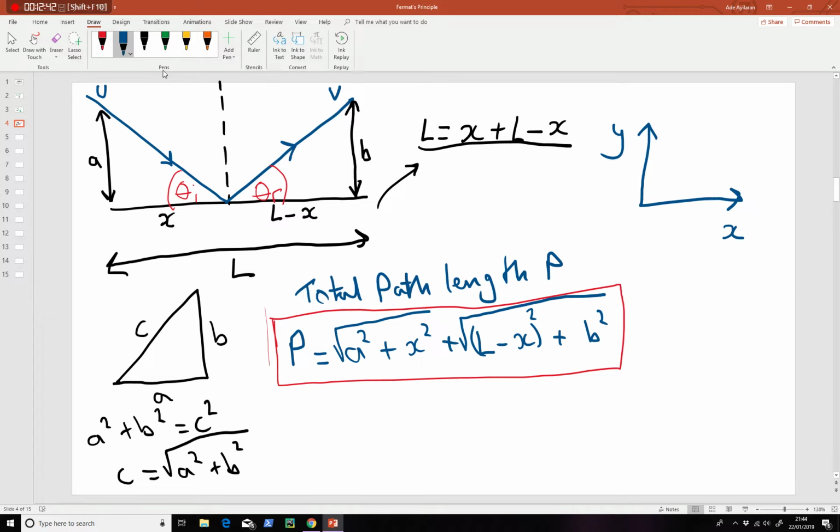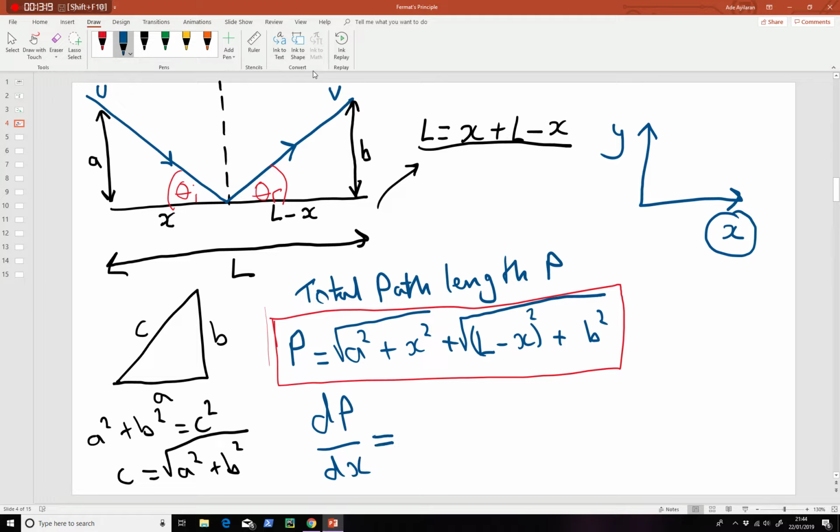I don't much care about the vertical distance because the scale of the vertical distance is very large, and for now we just assume that the ray of light comes from a height and bounces back to that height. We are basically slightly trivializing the problem. So we only care about this horizontal variable, the horizontal distance.